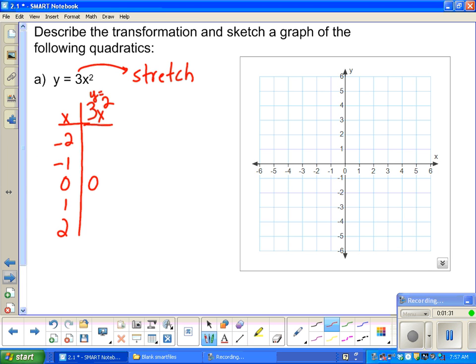When I substitute negative 2 in, it's 4 times 3, 12; 1 times 3, 3; and so on. We should have a reflection in our T-chart. So let's plot those points: 0, 0; negative 1, 3; negative 2, 12, which is way up here somewhere. Same thing on this side.